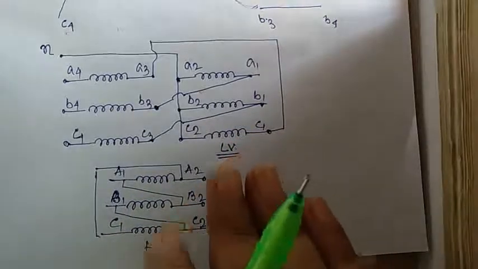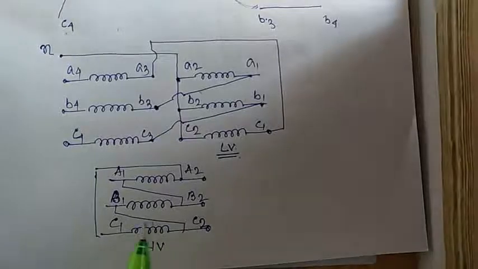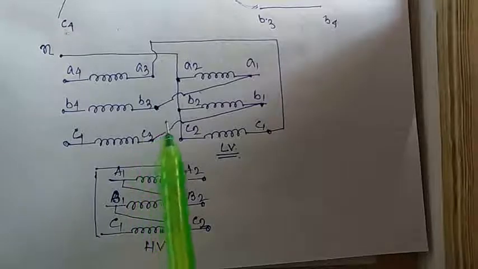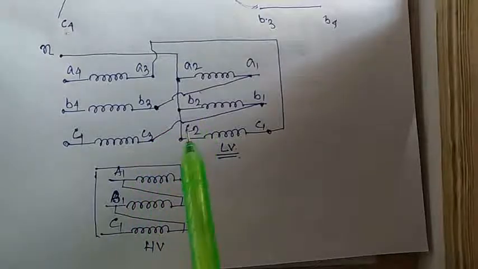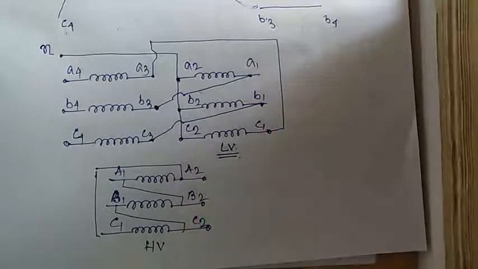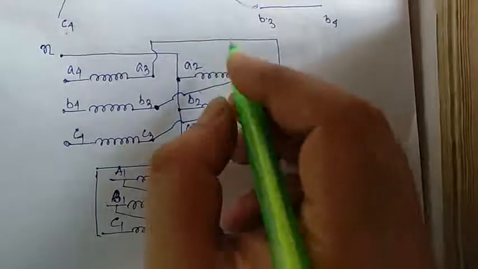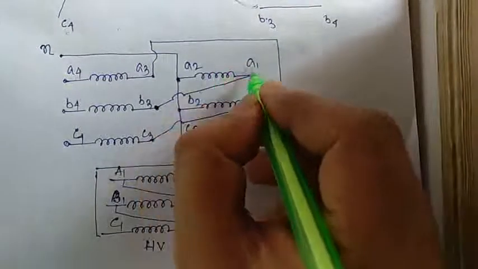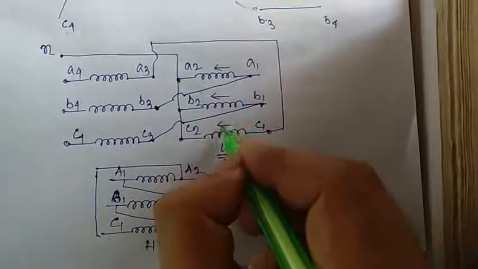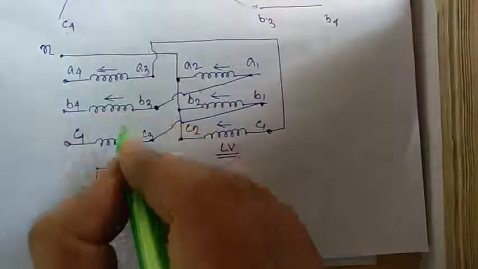So this is DZ0. In case of zigzag or interstar connection, it is actually used where you eliminate the third harmonics between line and neutral. The third harmonics are directed as the fundamental EMF, that is A1, B1, C1 to A4, B4, C4.